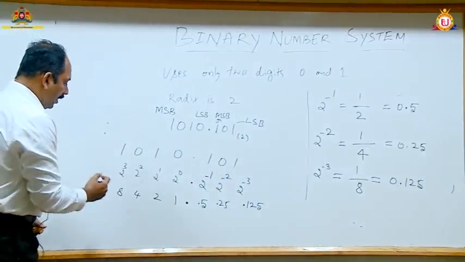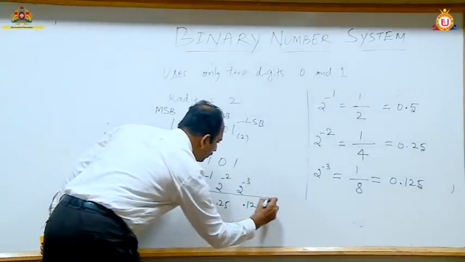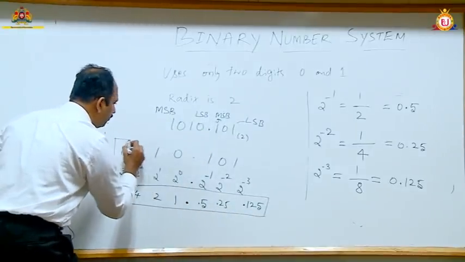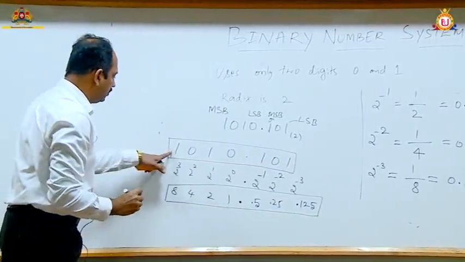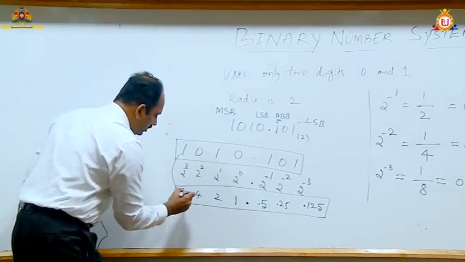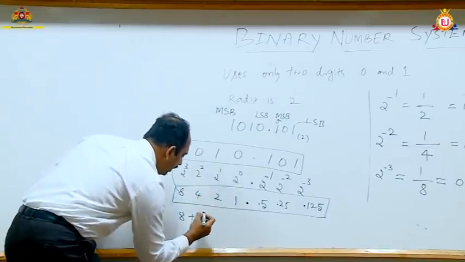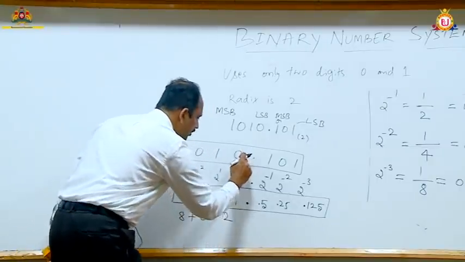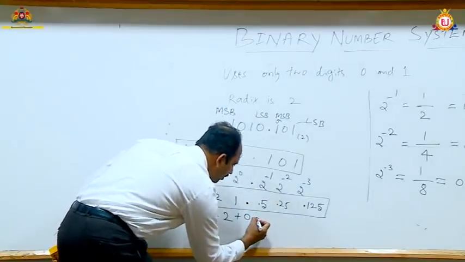So, you have to multiply this value with the respective place value of the digit. So 1 is multiplied by 8. 1 times 8 is 8. 0 times 4 is 0. 1 times 2 is 2. 0 times 1 is 0.